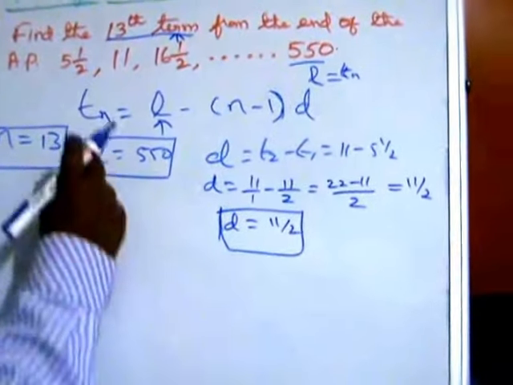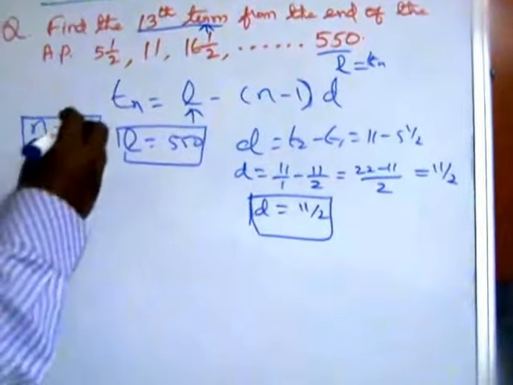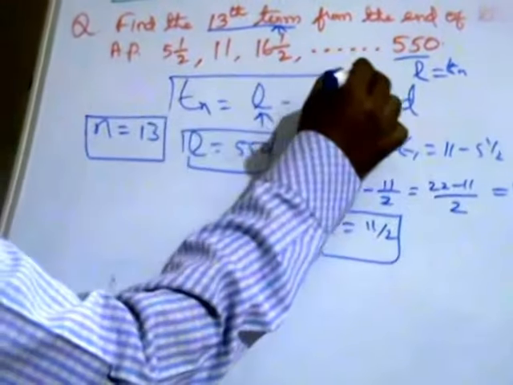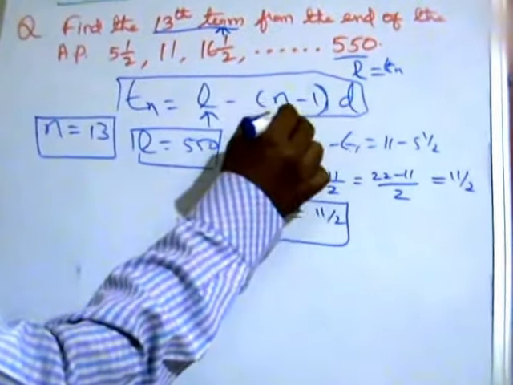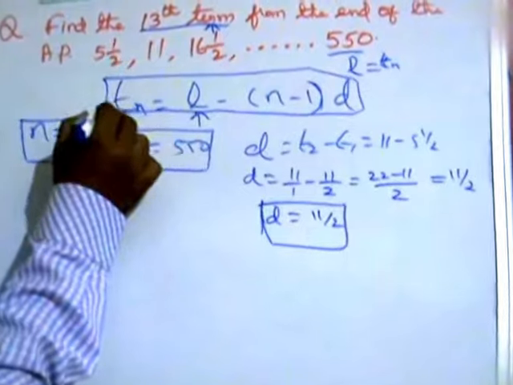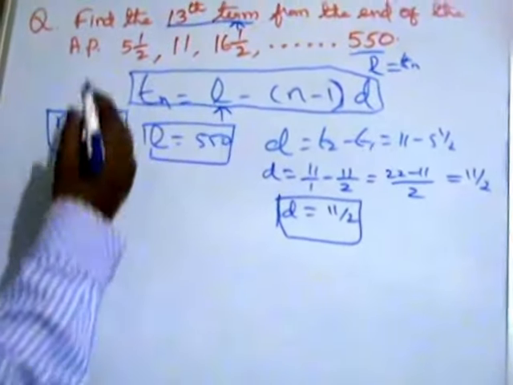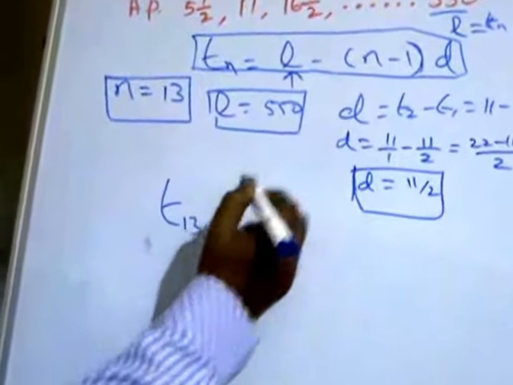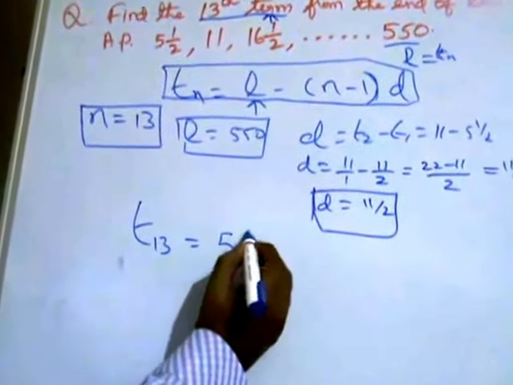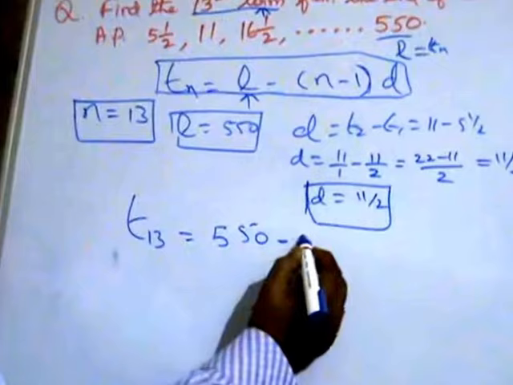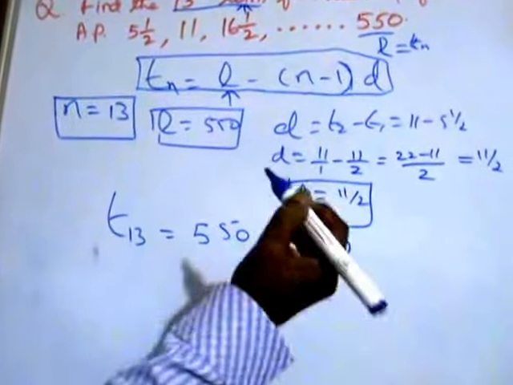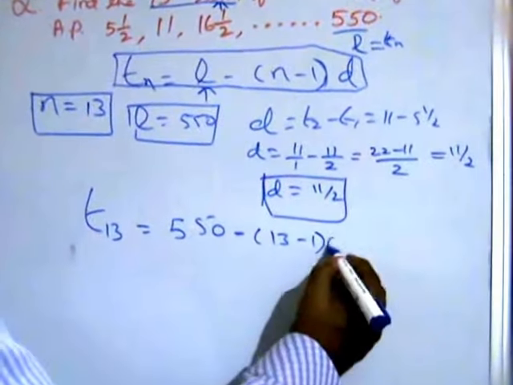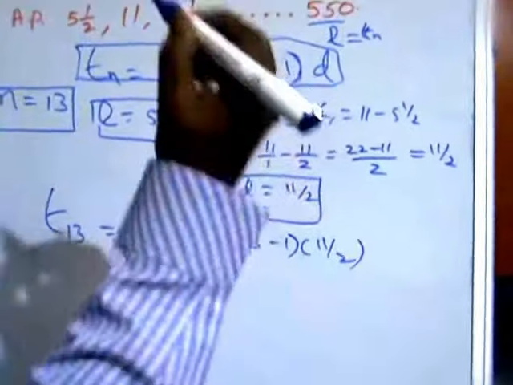Now we'll substitute in the formula. This is the main formula: Tn equal to L minus (n minus 1) into d. This formula will give the term from the end. So n is actually 13, the 13th term we want from the end. The last term is 550 minus (13 minus 1), and d is 11 by 2.